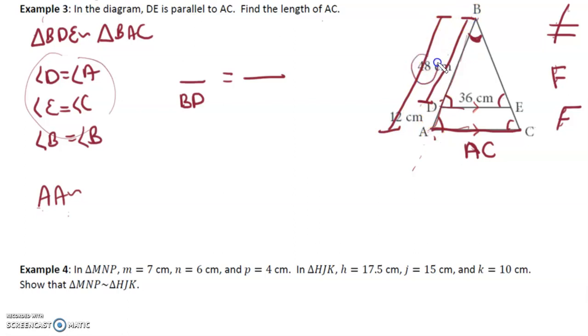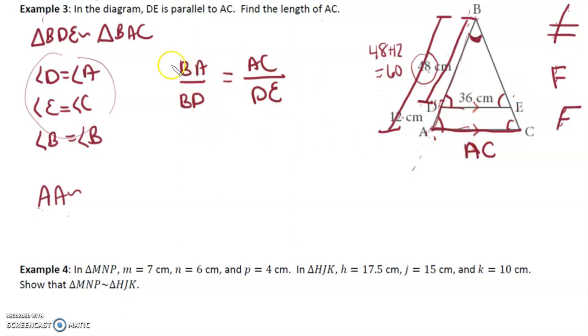They give us BD, which is 48, and then DA, which is 12. We have to add those to get BA. So 48 plus 12, which is 60. Then BD over BA, and then we have AC over DE, because those are corresponding.